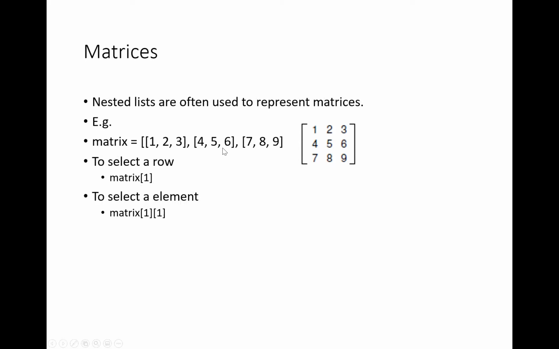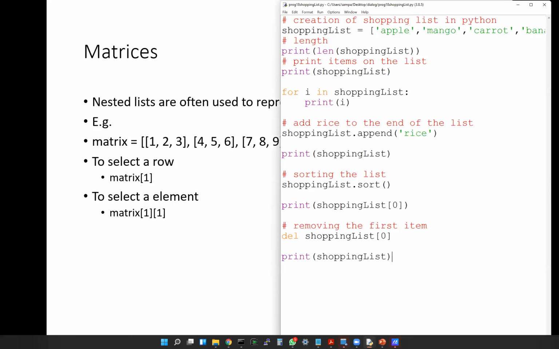That means we have 3 lists, right? And similarly you can access the rows as well as elements. So let me quickly show you that one before we move on to tuples. Right. Now let me close this.